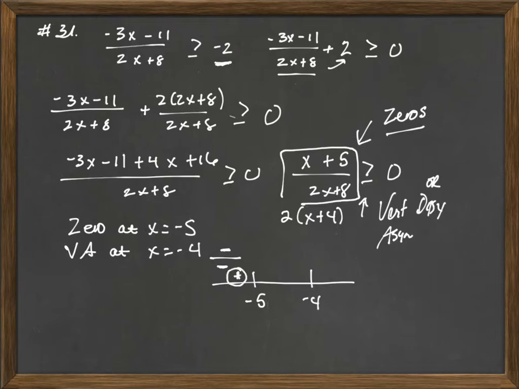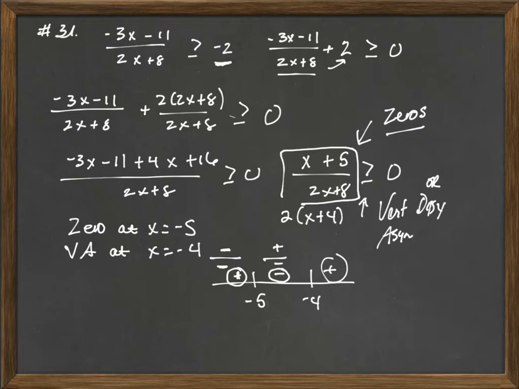And then let's do negative 4.5. Negative 4.5 plus 5 is going to give me a positive on the top. And negative 4.5 times 2 plus 8 will be a negative on the bottom, so I'll have a negative here. And then just pick like 0. That would be 5 over 8. That's going to be positive.